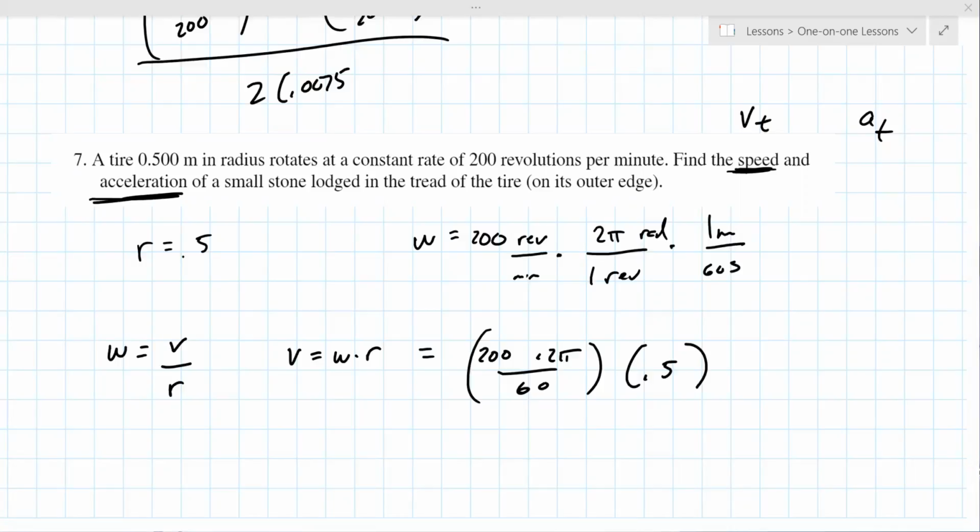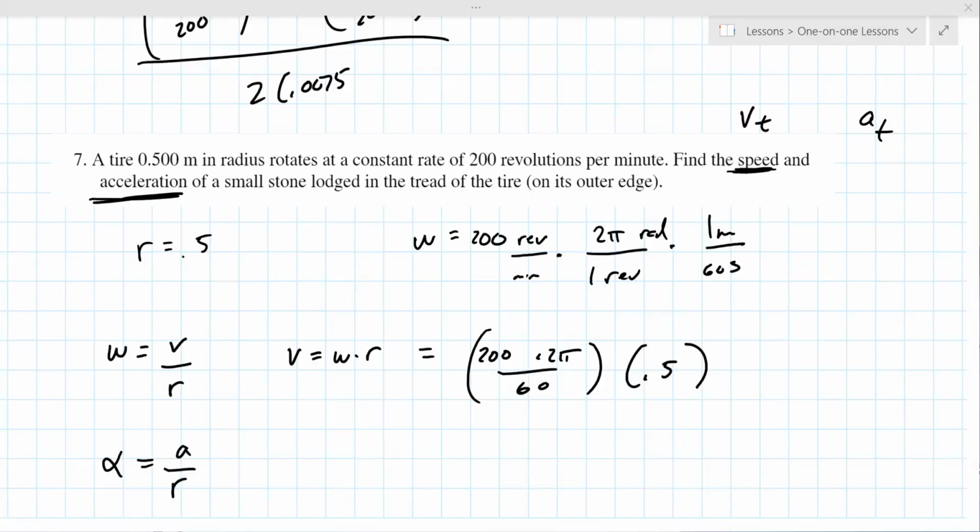10.47 for the velocity. Now we want that acceleration. What's acceleration equal to? Well, usually we need time, because alpha is equal to acceleration over r, but we don't have alpha. So this is like the same as the previous one. What are we going to do? Let me just go find this question.